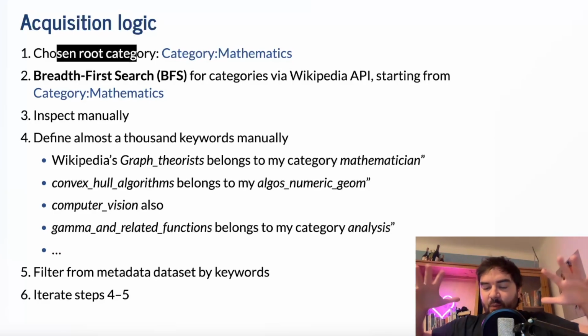I just walk the category graph, right? I go to all the Wikipedia pages and see which categories they belong to, and how quickly it takes me to jump out of what I would consider mathematics.